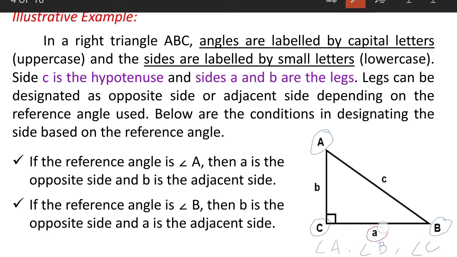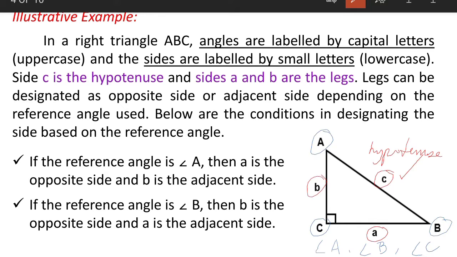These small letters a, b, and c are the sides of the right triangle, in lowercase. Side c is the hypotenuse. Why?